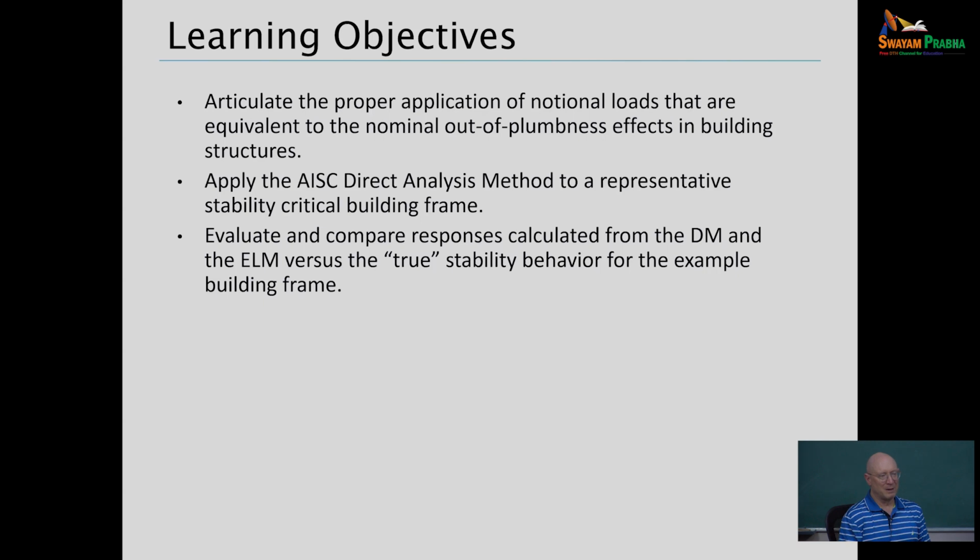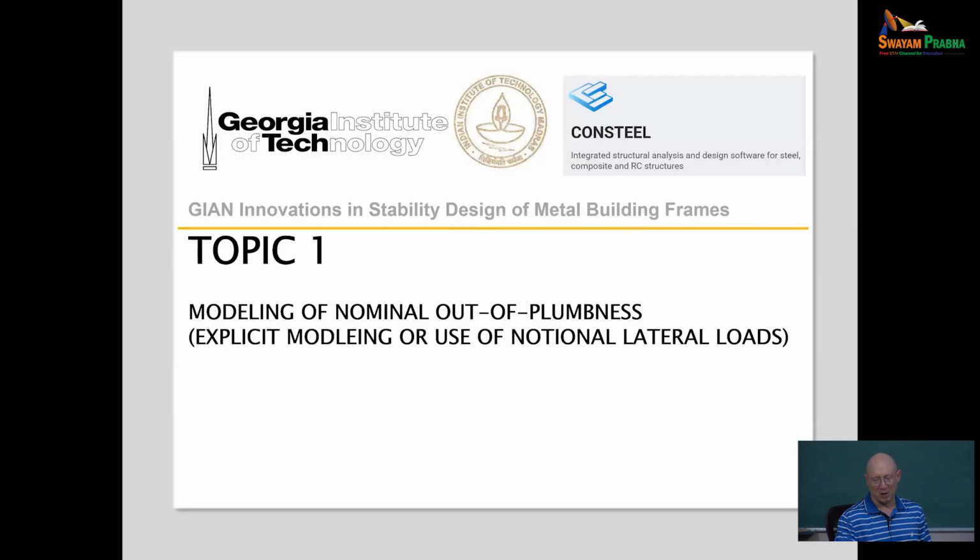But you're analyzing the nominal elastic structure, perfect geometry, with gravity-only load combinations, and you use a 0.005 notional lateral load for the load coming in at each level. This is what I see. In the direct analysis method, we're going to use 0.002. And so the next slide is going to talk about that a bit.